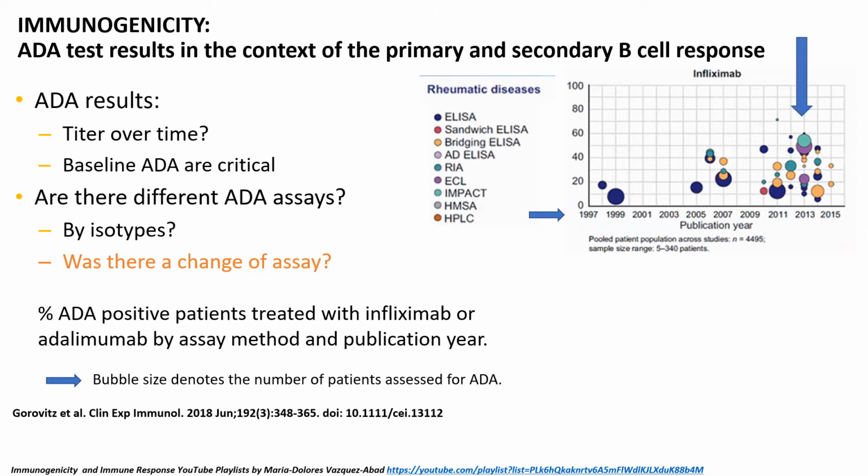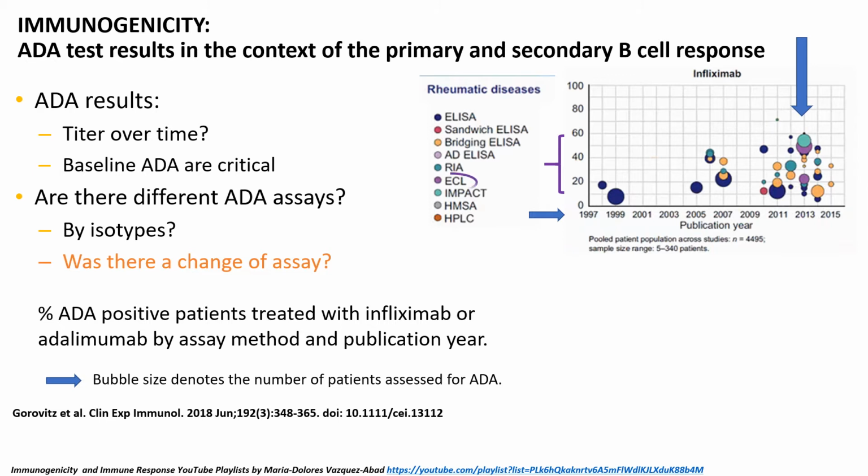Now, I just want to show 2013. What you can see there is a lot of variability. You can actually see that the percent of patients that are reported with antidrug antibodies goes anywhere, if my eyesight is not very bad, between maybe 10% to 60%. That's a big difference in terms of a clinical interpretation.